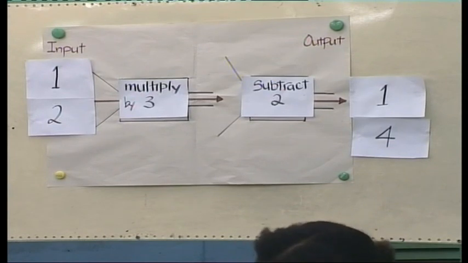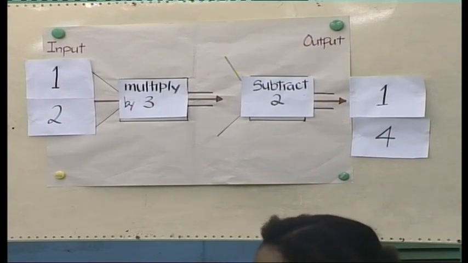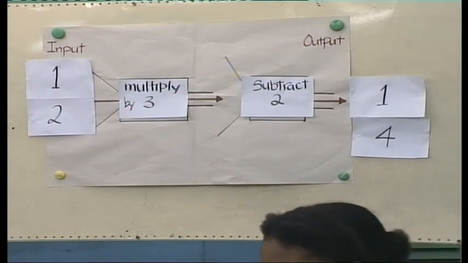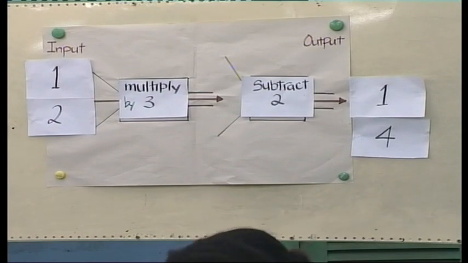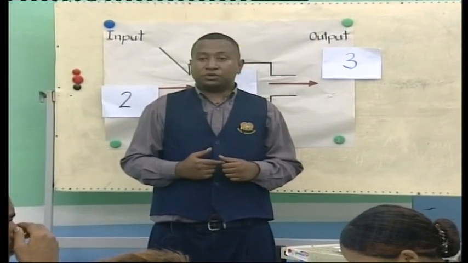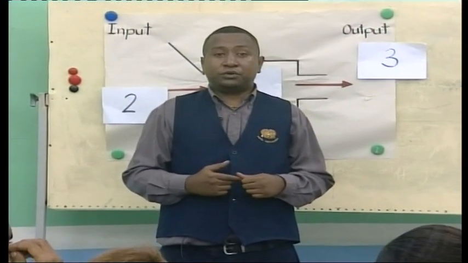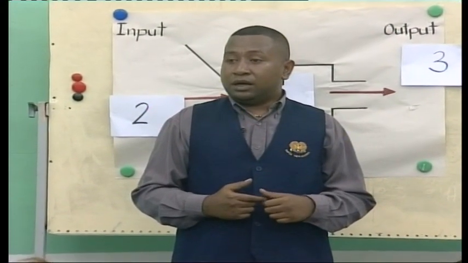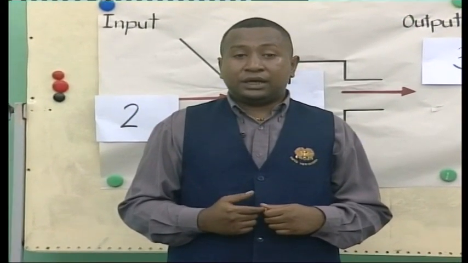I would like you to practice more on how the machines operate by doing the following exercises, which I am going to put up for the receiving students on the screen. And 70s, you look at your student's workbook. It should be on the page which is on the screen.